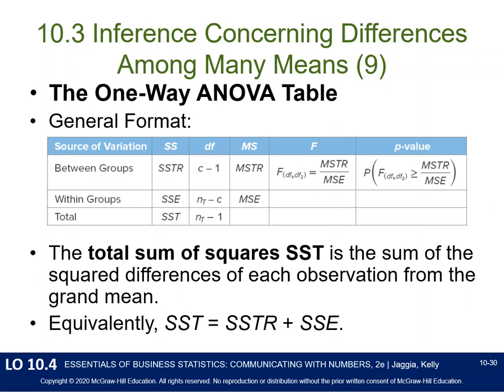Now, when we get our data table from Excel, it looks something like this, where we have the between group sum of squares, and then we have the within group sum of squares, and that gives us the sum of squares total. That's not what we're really interested in here, but it is interesting. Then we have our F statistic, that's our test statistic, and then we have our p-value, which is what we're primarily concerned with.